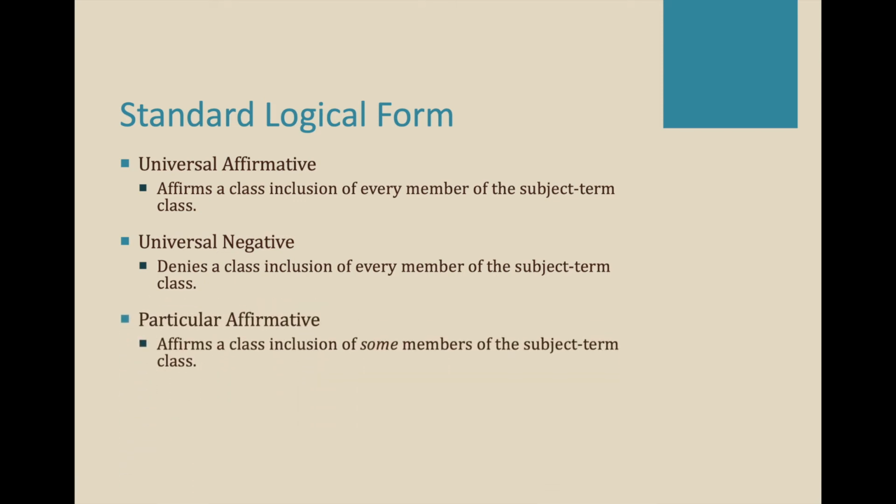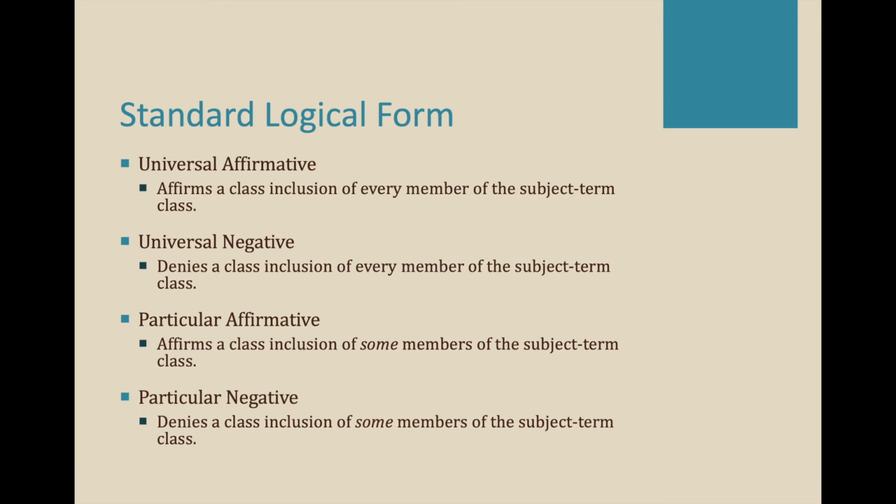There is then the particular affirmative, which affirms a class inclusion of some members of the subject term class, and then a particular negative denies a class inclusion of some members of the subject term class.